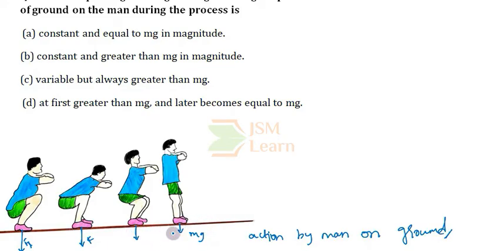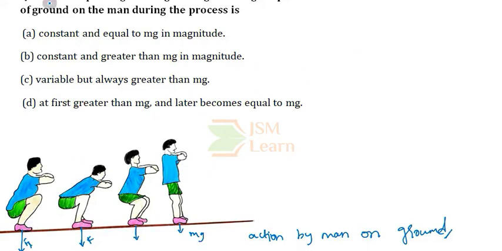The action force was acting on the ground. Now in return, the ground will also apply the same amount of force on the man. That is called the reaction force.